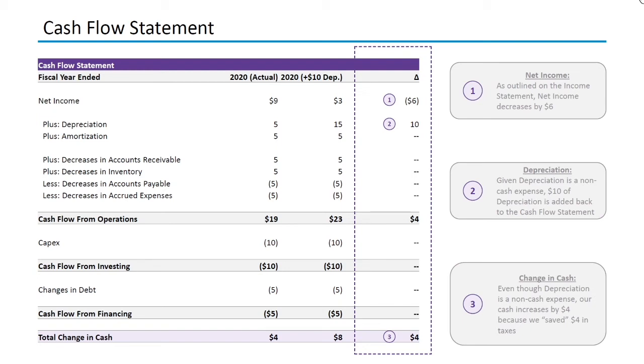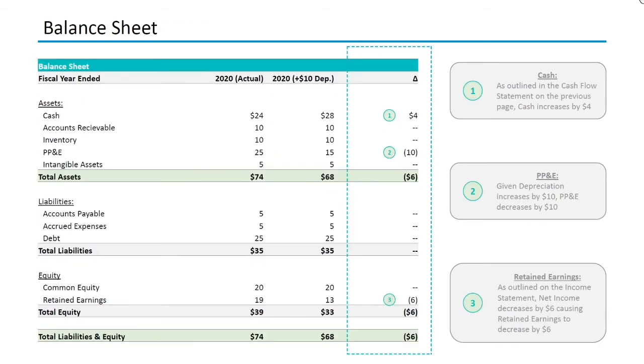Now going to the balance sheet, as we just discussed, cash gets increased by $4, property, plant, and equipment gets lowered by $10, given depreciation expense lowers our amount of property, plant, and equipment, causing total assets to decrease by $6.